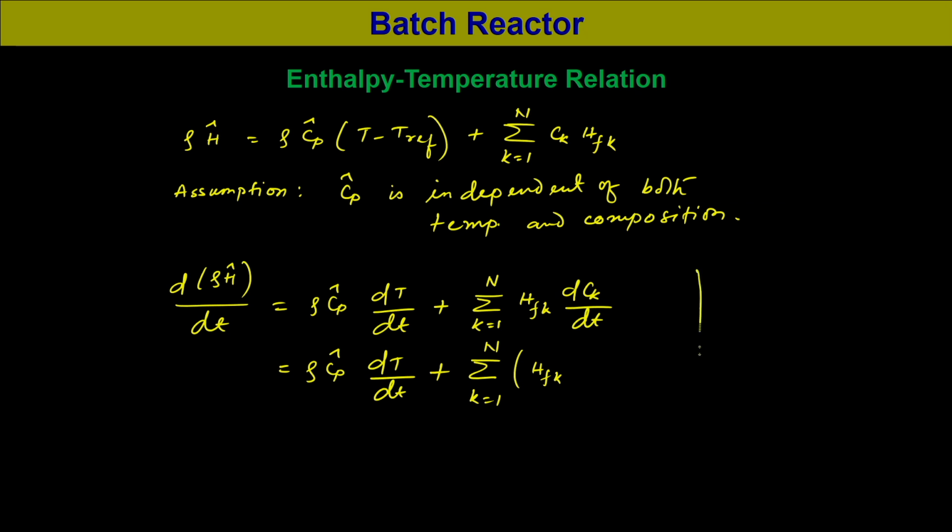From the species balance we have obtained d c k by dt is equal to summation over i is equal to 1 to m of alpha i k r i. So, if we substitute this over here, this would be summation over i is equal to 1 to m of alpha i k r i.